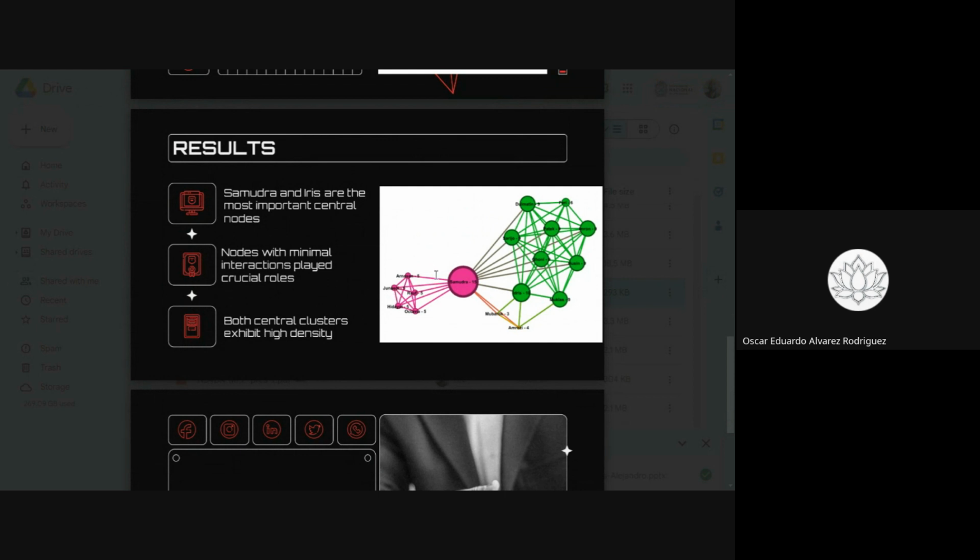Okay. So first, Samudra and Idris are the most important central nodes, because Samudra is the biggest pink node and Idris is the one at the bottom left, in green.